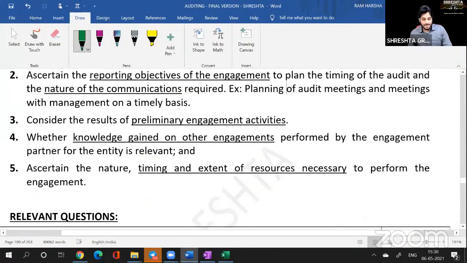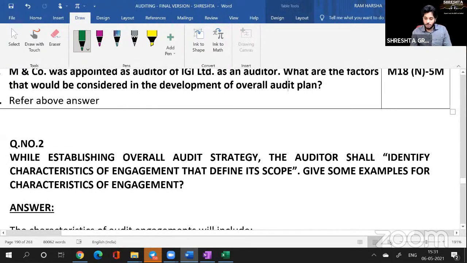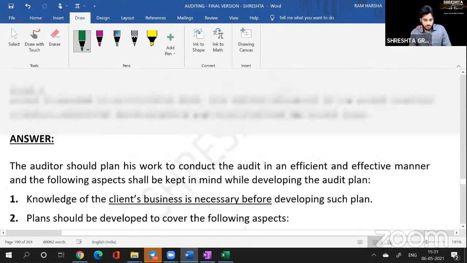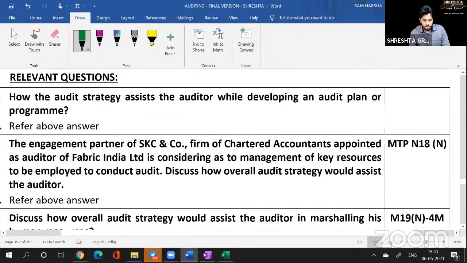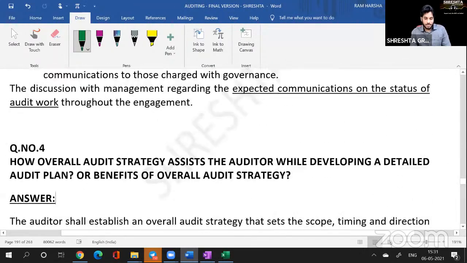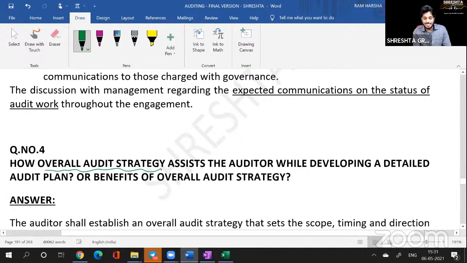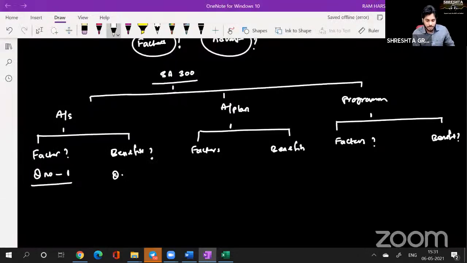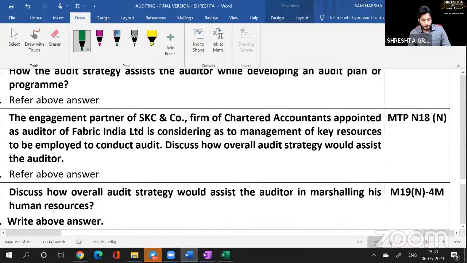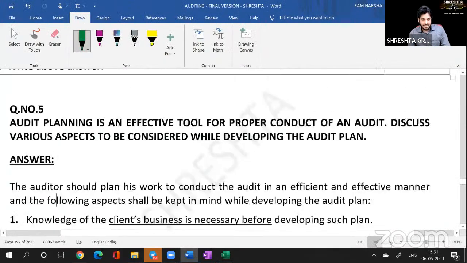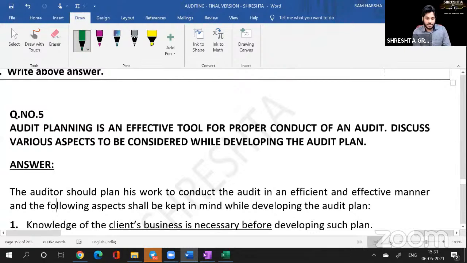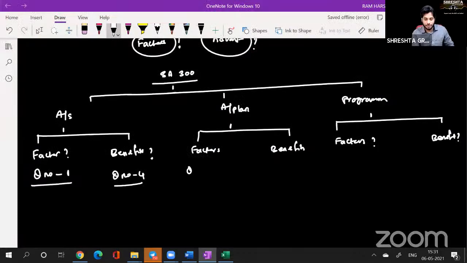Then the fourth question: how does the overall audit strategy assist, that means benefits, helps the auditor, which is there in question number 4. Then what are the factors for effective conduct of audit, various aspects to be considered while developing an audit plan, you have in question number 5.